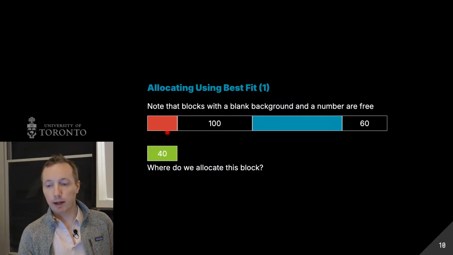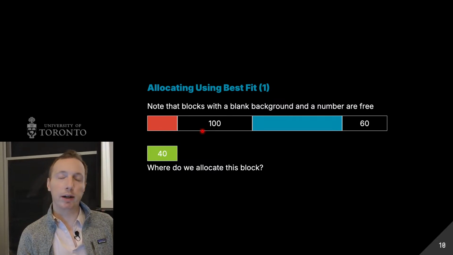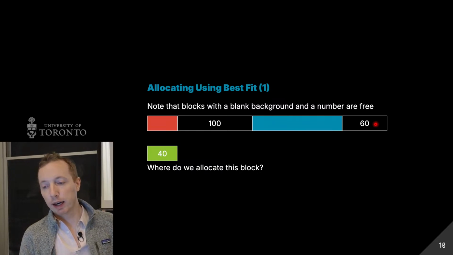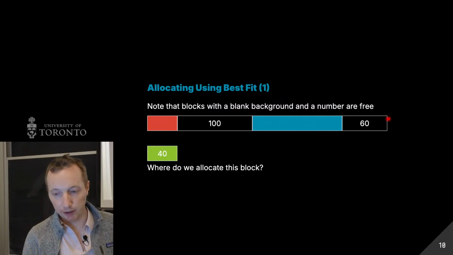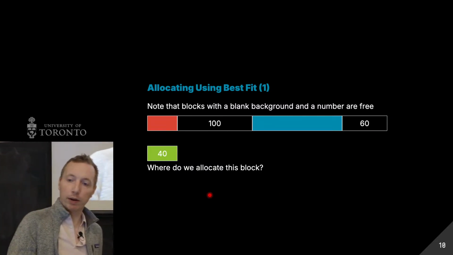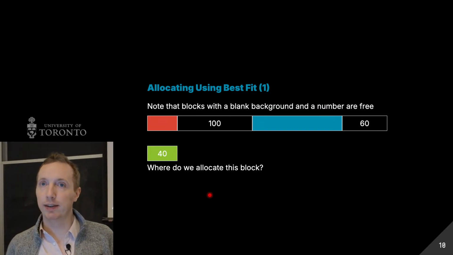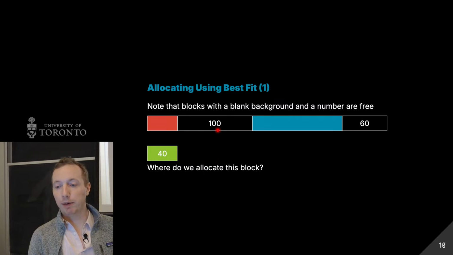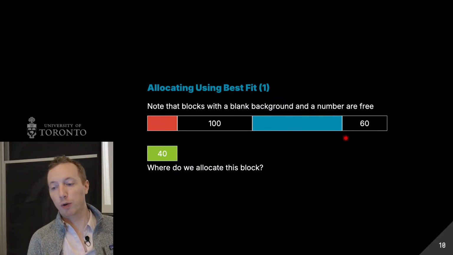I have a red allocation here, then a free block of 100 bytes, then a bigger blue allocation, and then a free block of 60 bytes. Now if someone requests 40 bytes, where do I put it? If I'm doing best fit, do I put it in the 100 hole or the 60 hole?